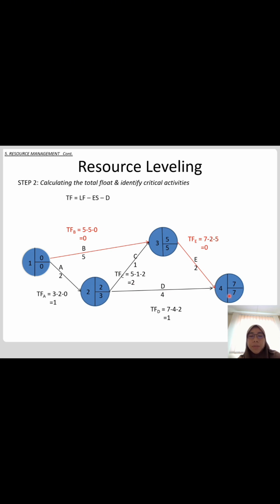D, 7 minus 4 minus 2, which is 1. E, 7 minus 2 minus 5, which is 0. So the activities that have zero float are B and E. So the critical path is BE.